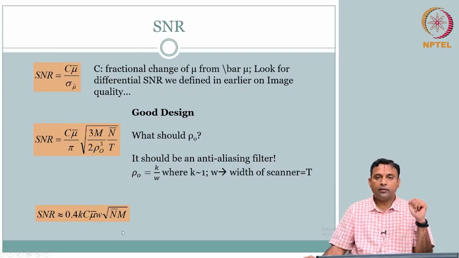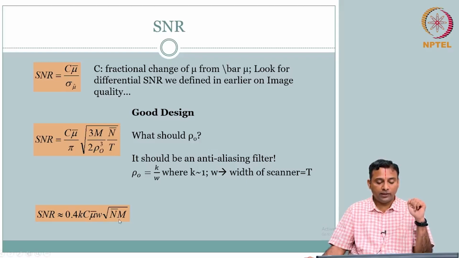So we can reduce it to 0.4 because your rho naught is substituted in terms of K and W. W is the width of the scanner, so K and T. K is approximately equal to 1, so it is in terms of T. So you can do this part and you get 0.4 K C mu, W, square root of this guy. So the idea is, this is your signal to noise ratio, differential signal to noise ratio.